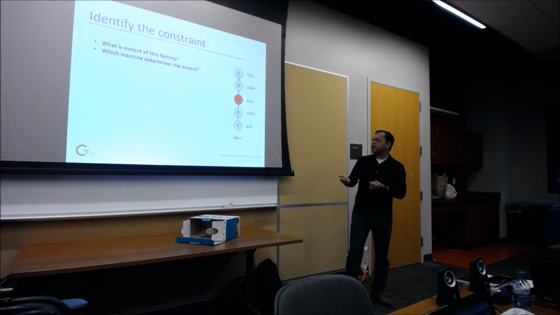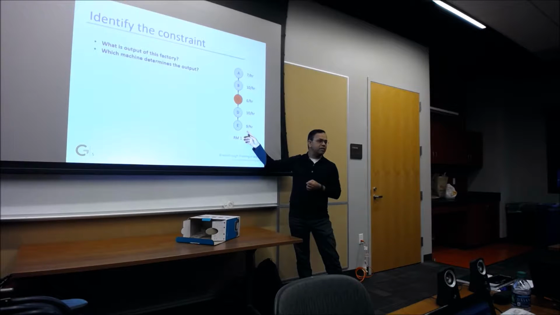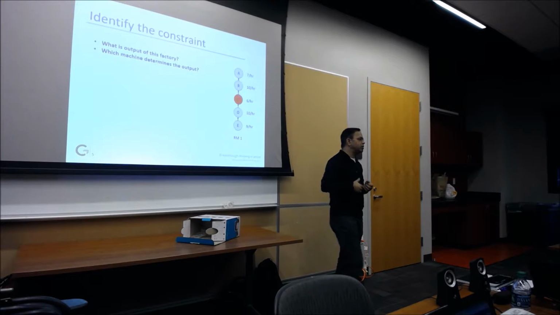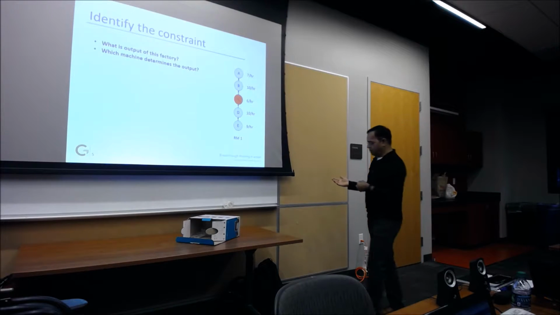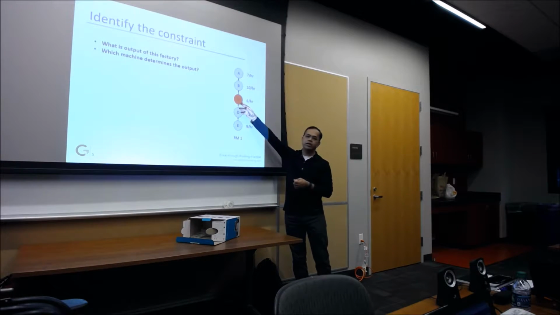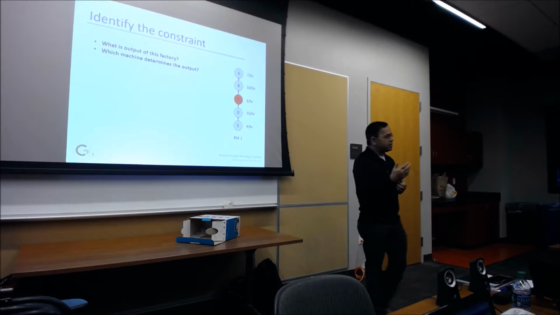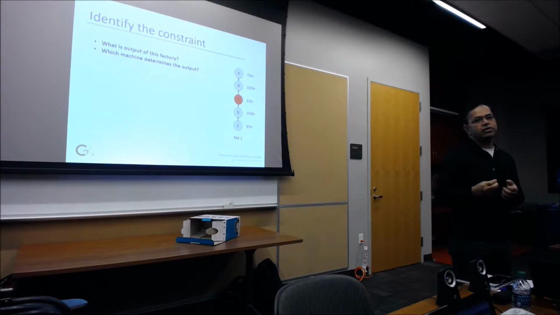So it doesn't matter if we produce 10 here, 12 here. It doesn't matter if we optimize these places and spend our time and energy on every place else. But if we spend our time making sure this produces 6, it means the system will produce 6, otherwise the system is going to produce less than 6. So the step number 2 in TOC is exploit the constraint.